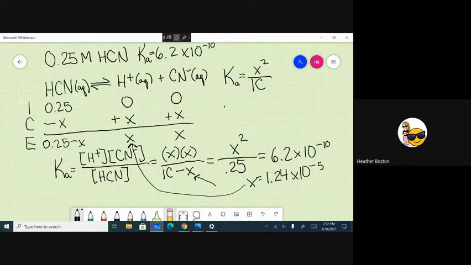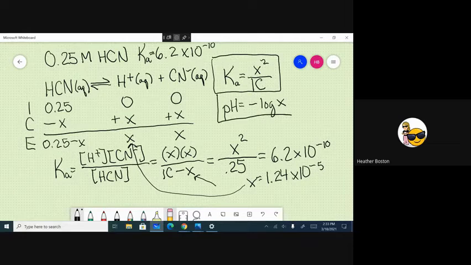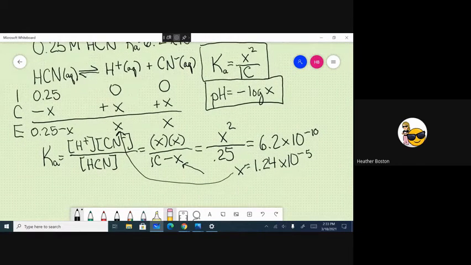So the general form for the pH would be the negative log of X in these problems. These are formulas you can count on for all your acids. So negative log of X gives me a pH of 4.90.